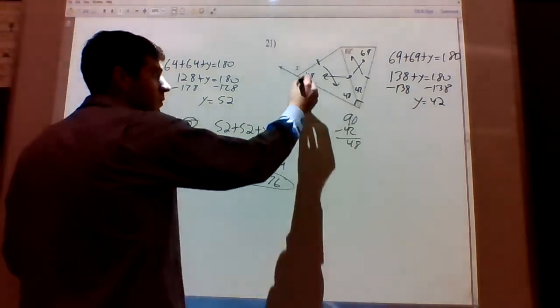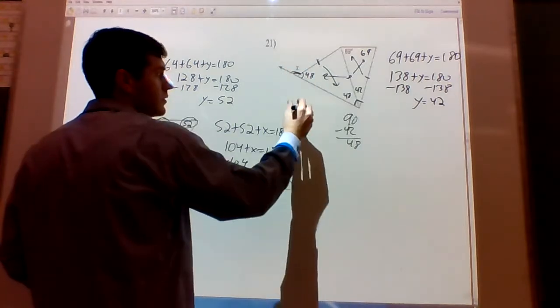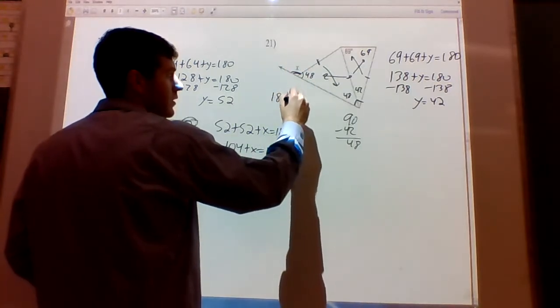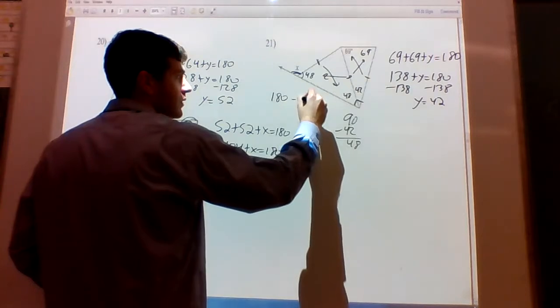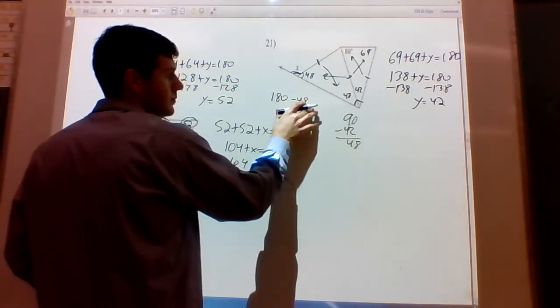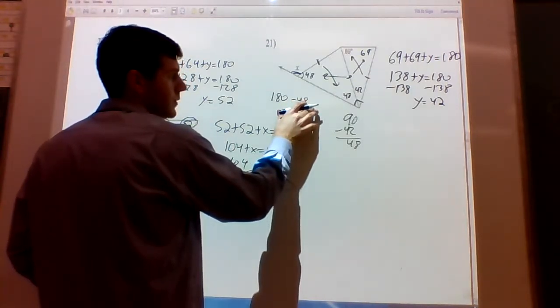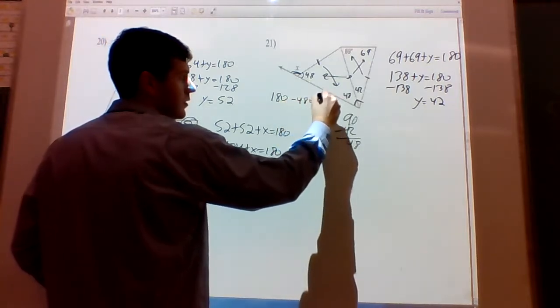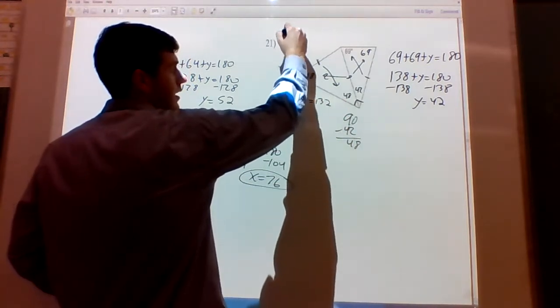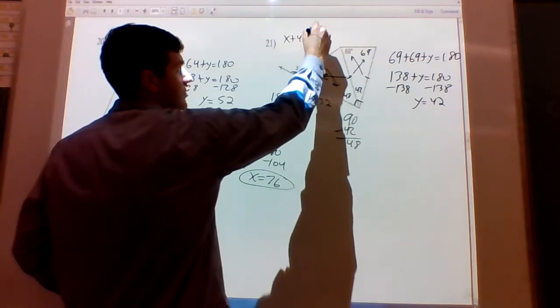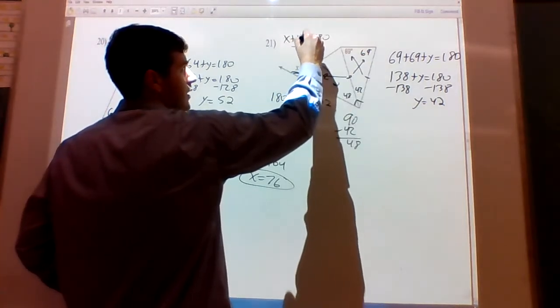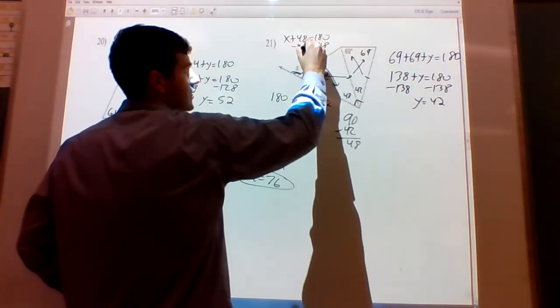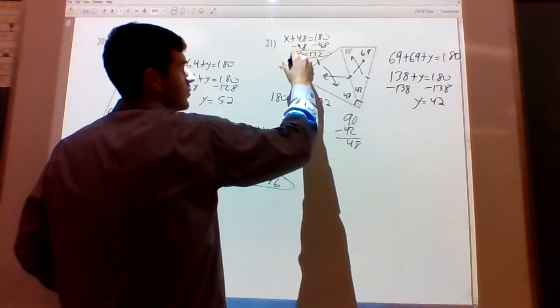Then lastly, we know we have a linear pair. So 180 minus 48 is going to be 132. Or we could say it as x plus 48 is 180, minus 48. X is 132. So 132.